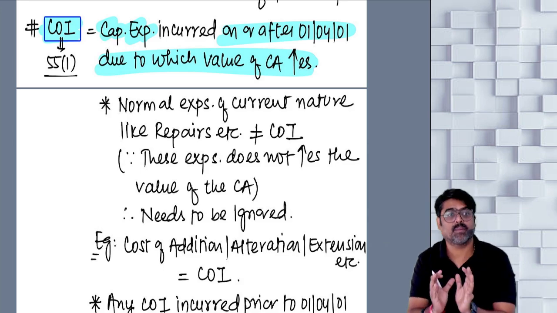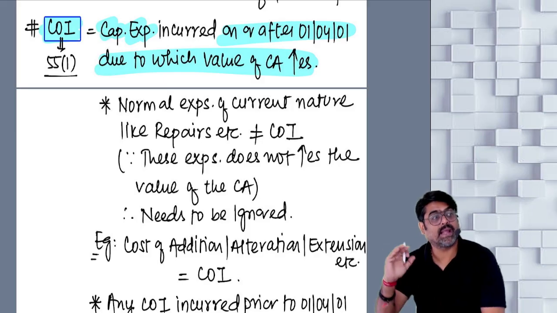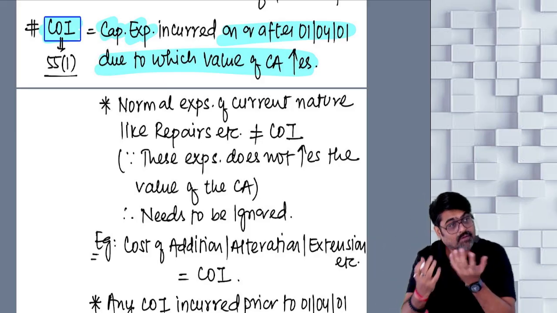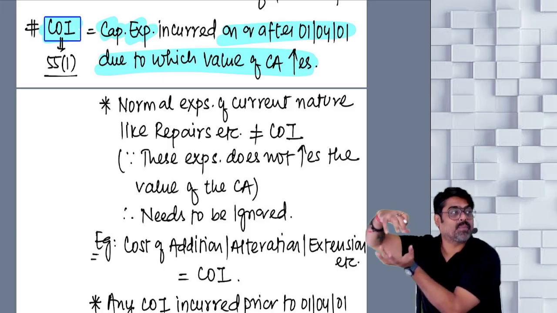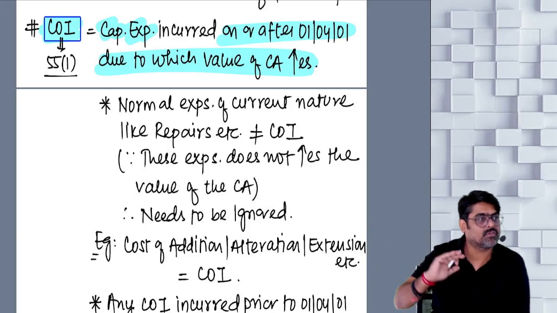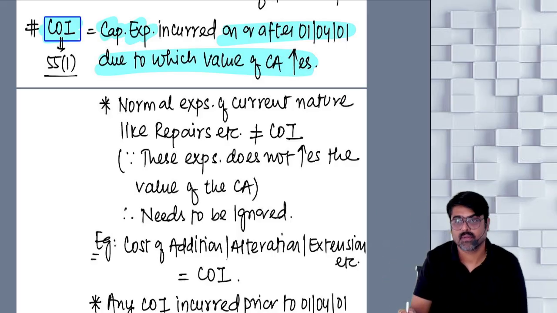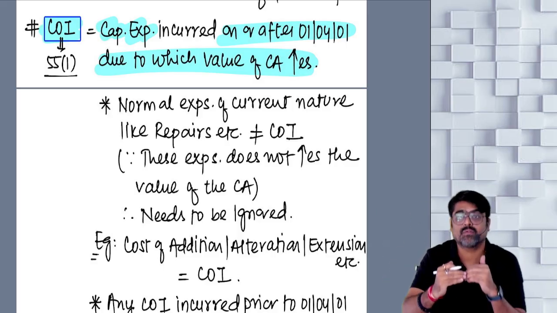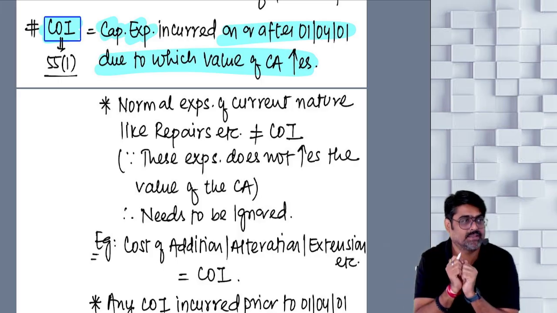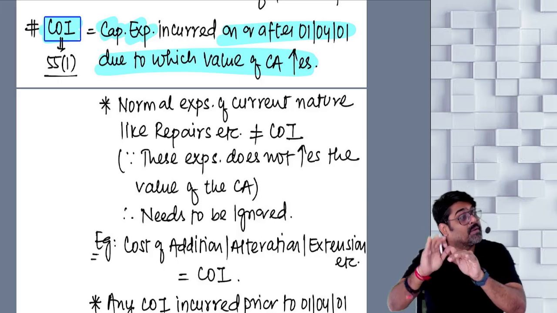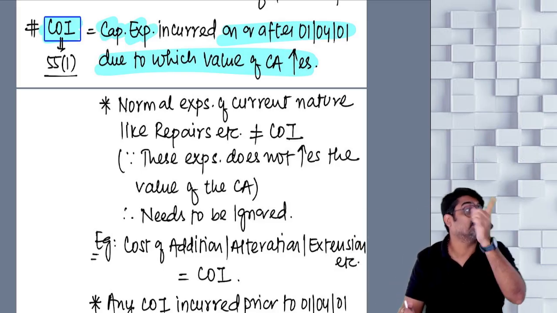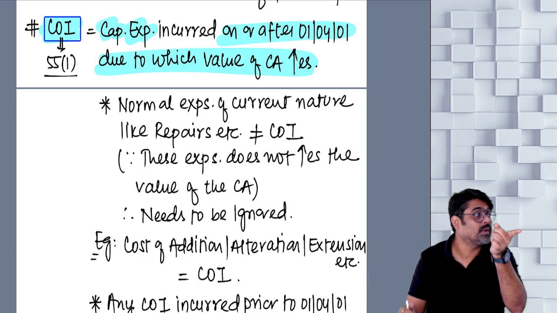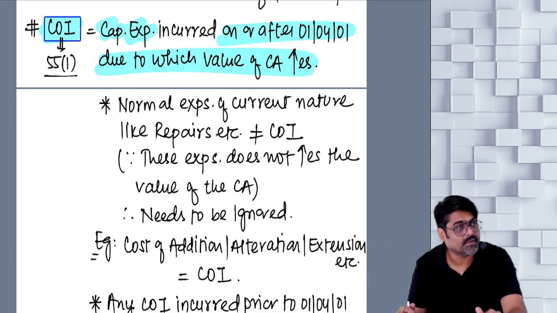If I sell the property having only a ground floor, it can be sold for 50 lakhs. Now, if I construct one more floor and sell the property, will I get only 50 lakhs or more? Why? Because the area of the property increased, and as a result, the value of the property also increased. So the cost of construction of this first floor is nothing but cost of improvement.